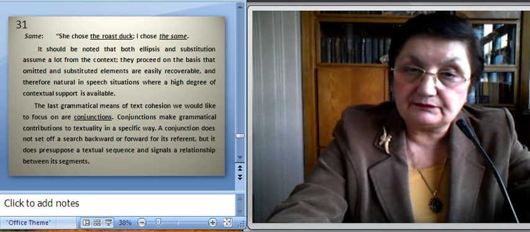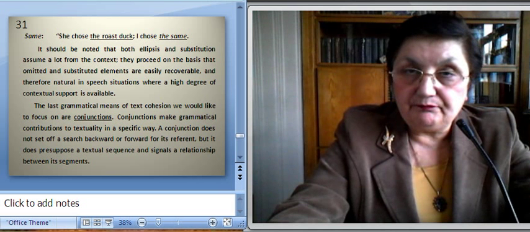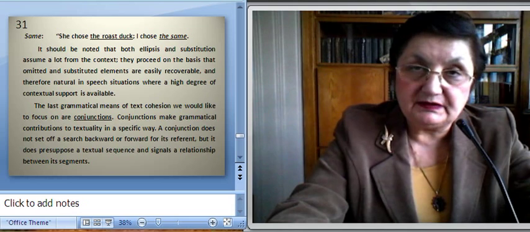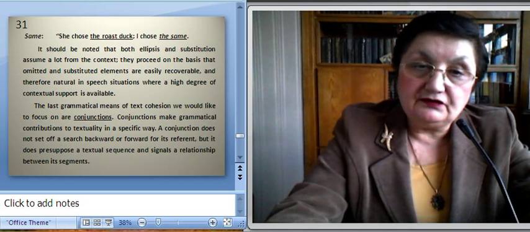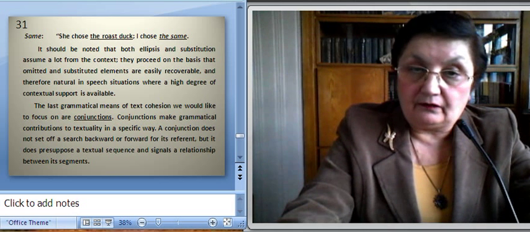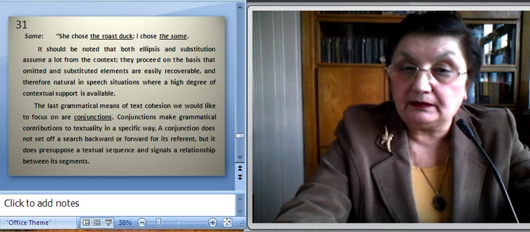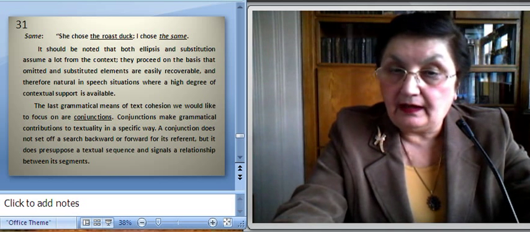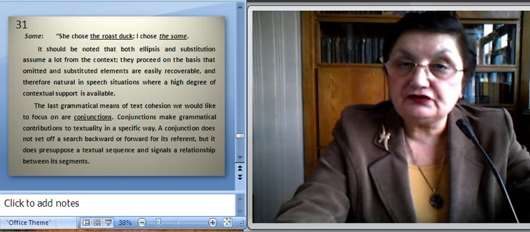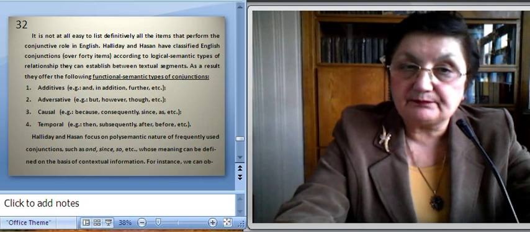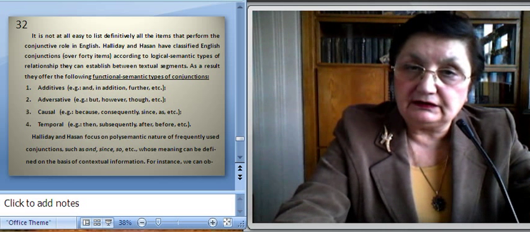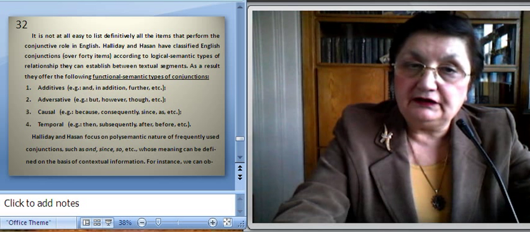It is not at all easy to list definitively all the items that perform a conjunctive role in English. Halliday and Hasan have classified English conjunctions, over 40 items, according to the logical semantic types of relationship they can establish between textual segments. As a result, they offer the following functional semantic types of conjunctions.